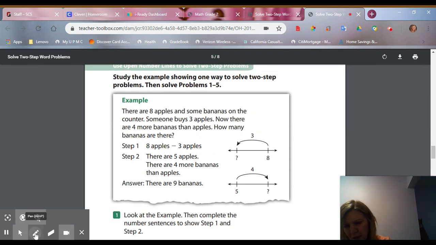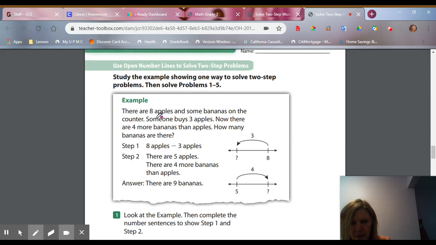Let me see if I can show you with this. So you had to know, it says there are 8 apples. Someone buys 3 of them. And they gave you 4 more bananas than apples.